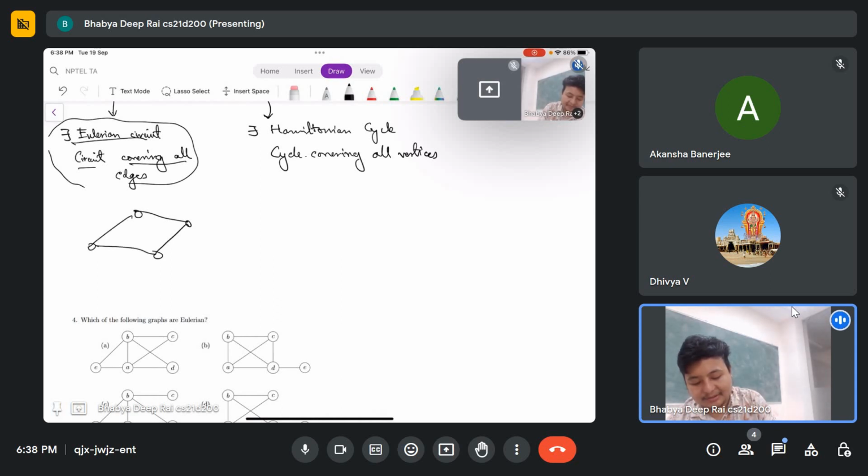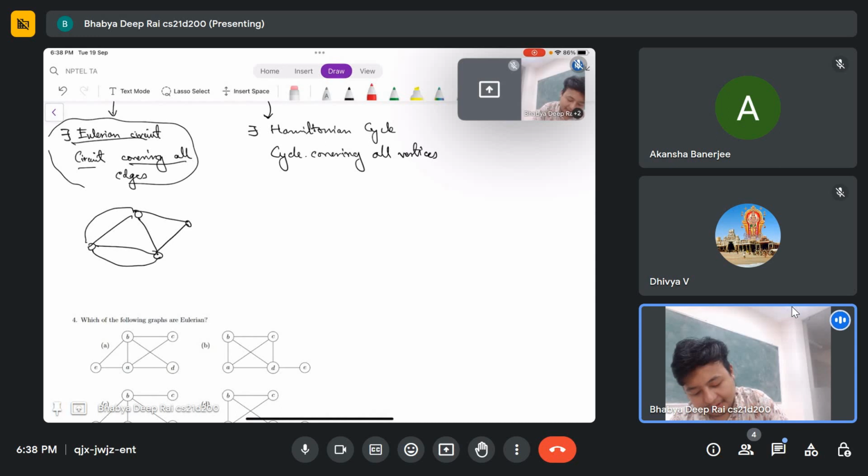For example, is this graph Eulerian? Let's see. How do I visit all edges here?